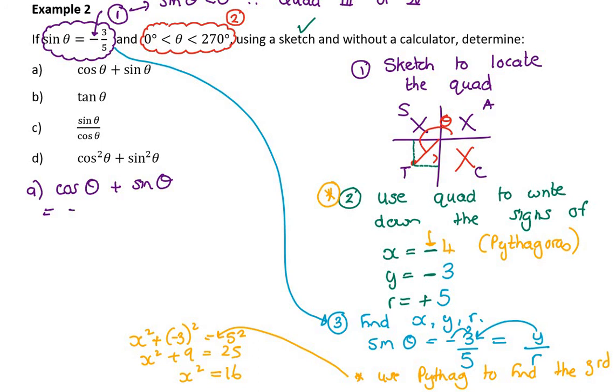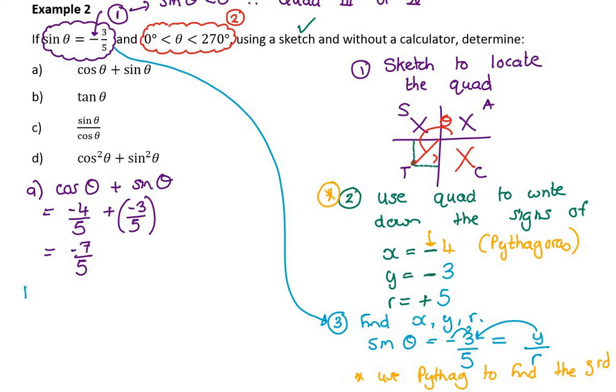Cos is x over r, and sine is y over r. So I'm just going to put a bracket around that. It's a bit easier. And then that is just negative 7 over 5. Notice I never found theta and I never used a calculator. So all of these questions are now very easy because I just use x, y, and r in the definition.